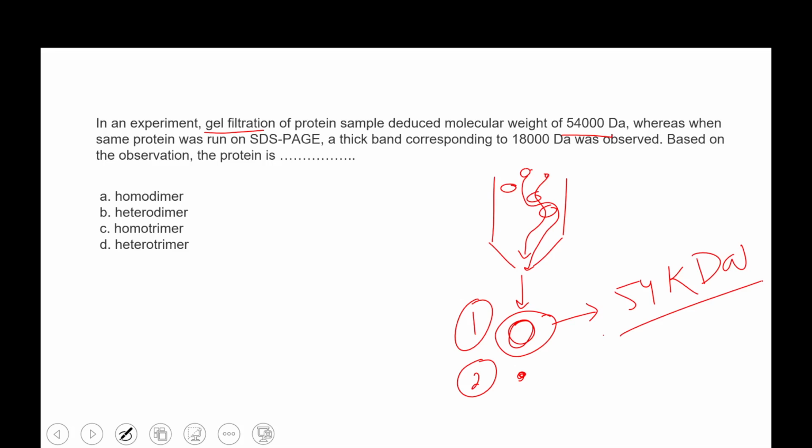Please interact. Polyacrylamide gel, yeah. And SDS is sodium dodecyl sulfate, a detergent, right?